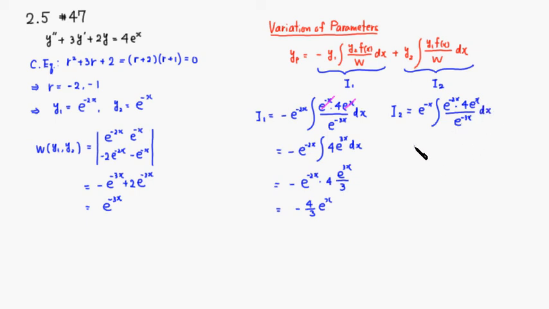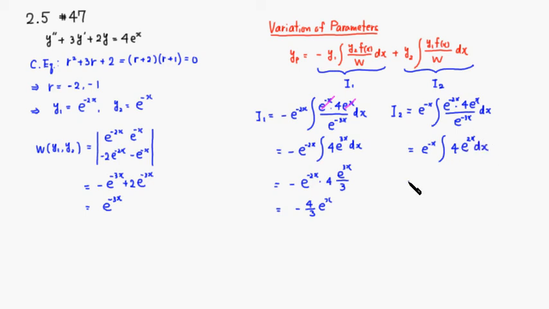So this is e to the -x times the integral. We multiply by e to the 3x, so that's e to the 2x here, and we have 4 dx.